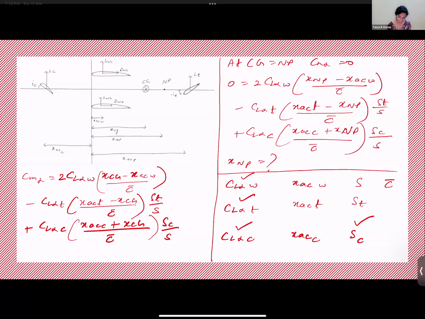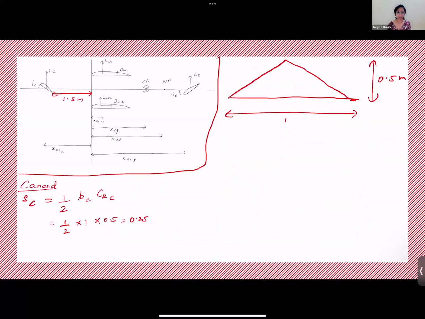Next, what do we need to find out? Then you need CL alpha C 3D. That is CL alpha 2D by, do you remember this relation between 3D and 2D? 1 plus CL alpha 2D by pi E AR.